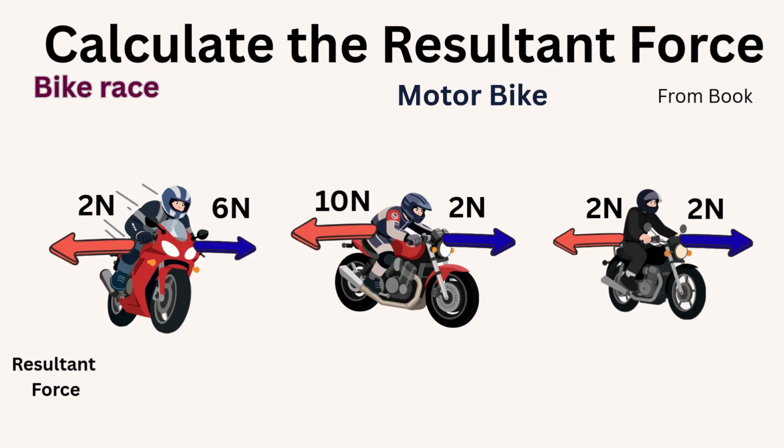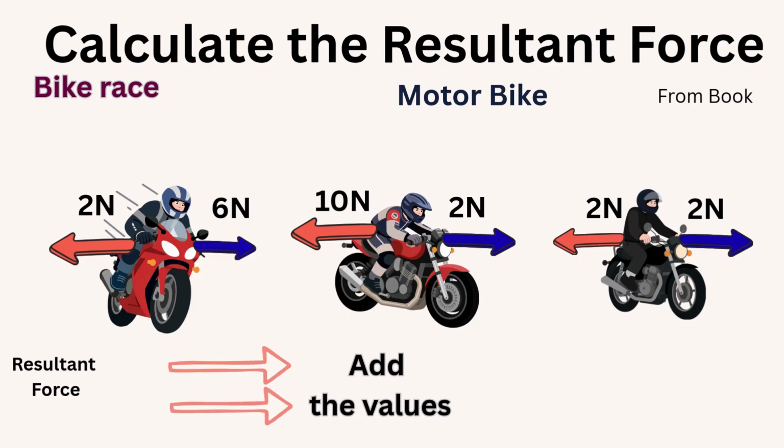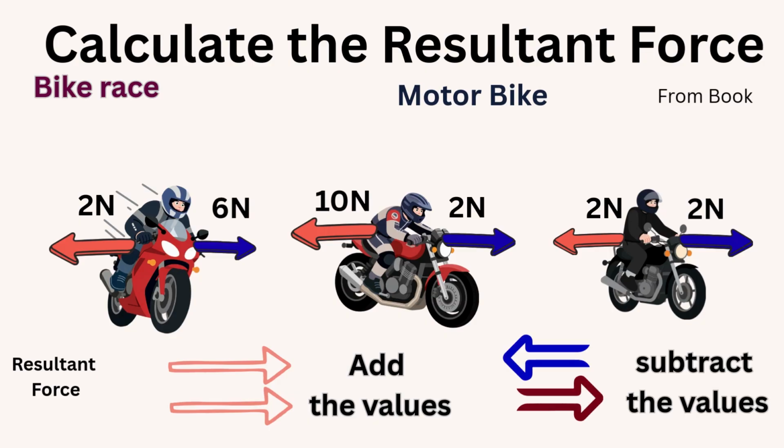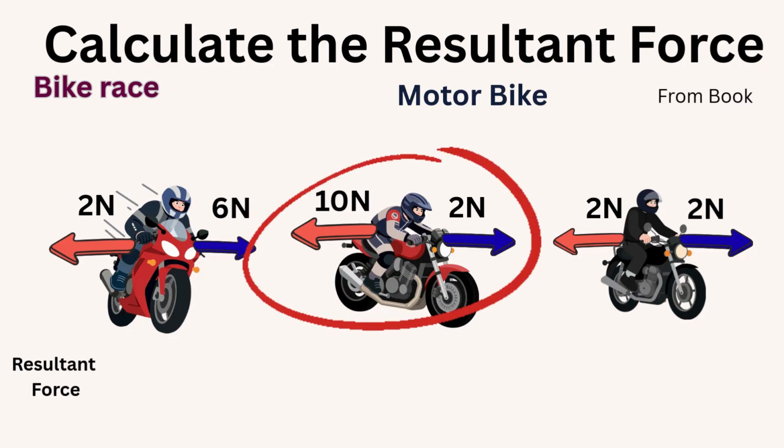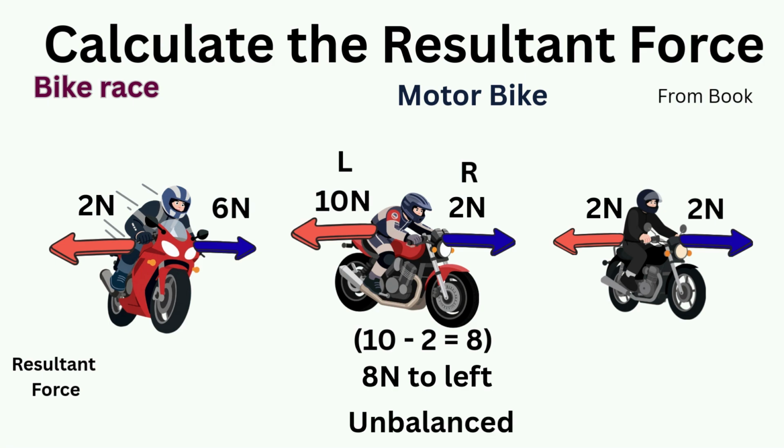For this, if the arrows point the same way, add them, and if they are opposite, subtract them. So look at this motorbike with 10 Newton pushing left and only 2 Newton pushing right. The resultant force is 8 Newton to the left. It's unbalanced.